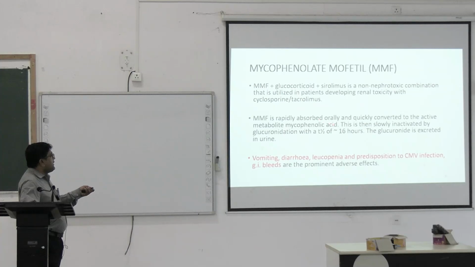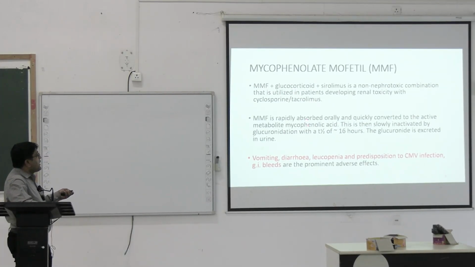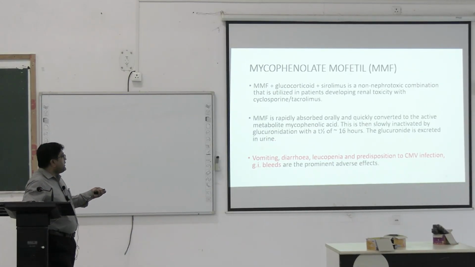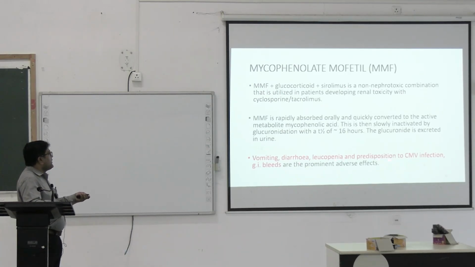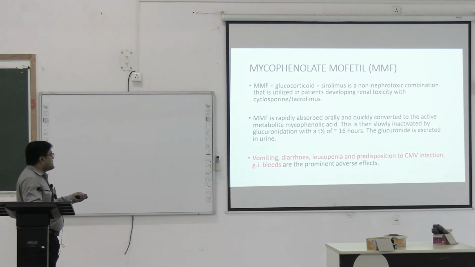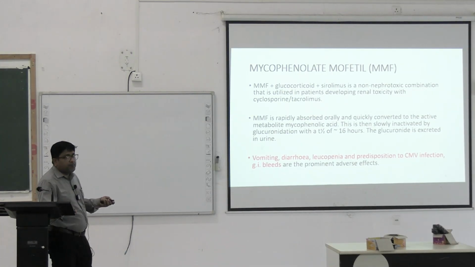MMF is rapidly absorbed orally, quickly converted to active metabolite, mycophenolic acid, and slowly inactivated by glucuronidation with a half-life of 16 hours. Vomiting, diarrhea, leukopenia, and predisposition to CMV, cytomegalovirus infection, gastrointestinal bleed are some of the prominent side effects.